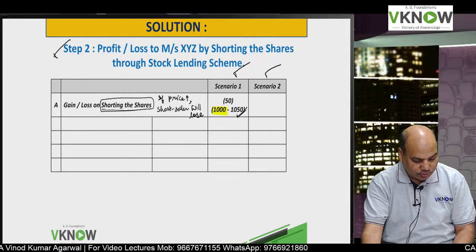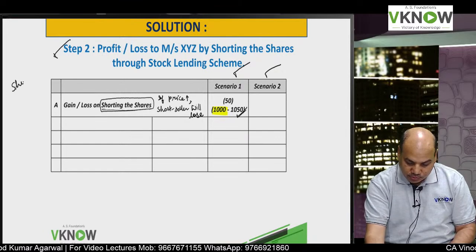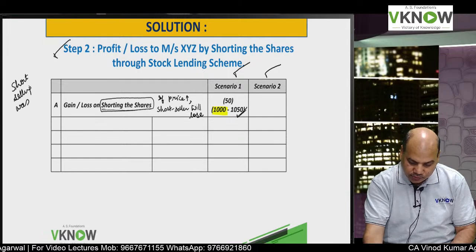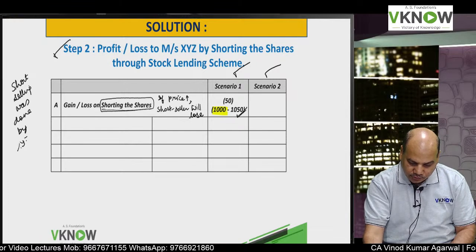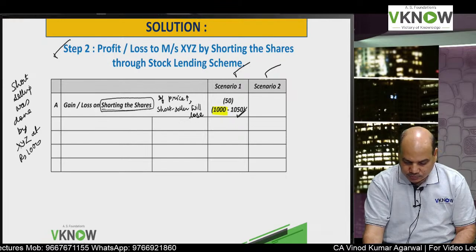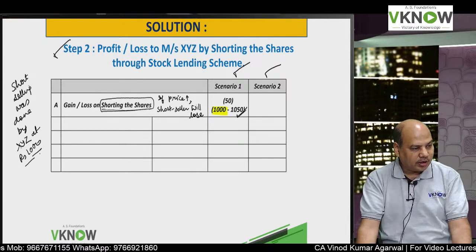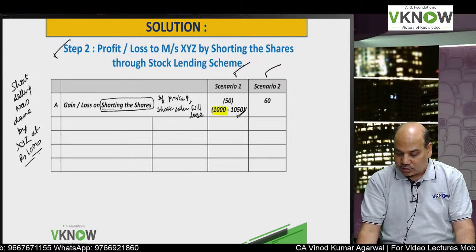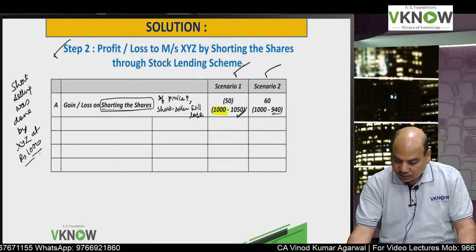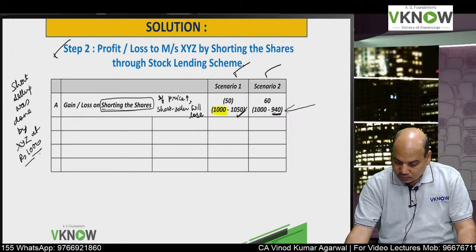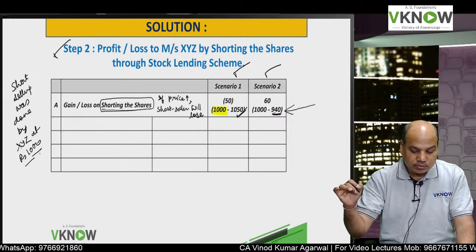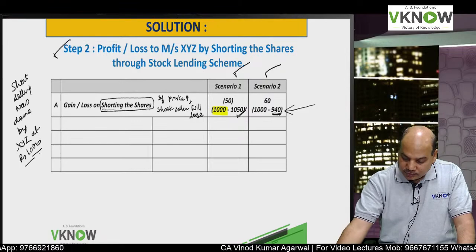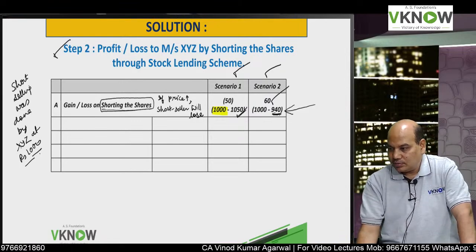Somewhere in the question you have to add that short selling was done by XYZ at rupees 1000. This they have not mentioned clearly. And in the second scenario, the price has gone down. The price goes down, the short seller will gain. So 60 rupees gain.